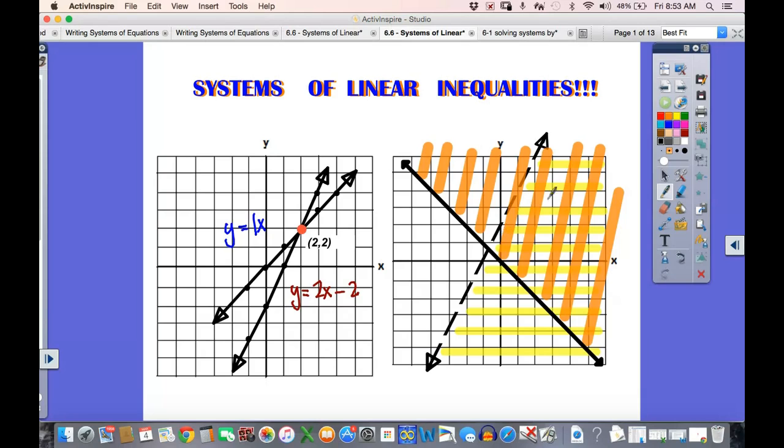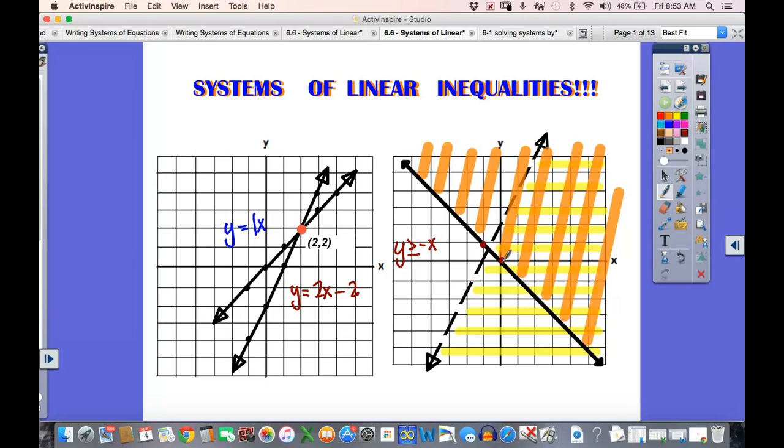Over here, we have a system of linear inequalities. When we look at the first inequality, call this the first line right here, the shade is above the line, so it's greater than or equal to. The slope of the line is down 1 to the right, so that's negative 1x, or negative x.